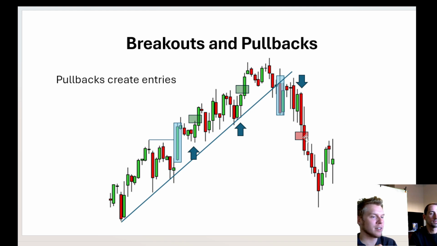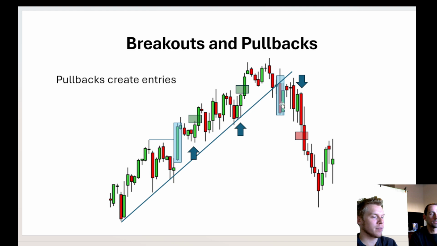Over here, we have a breakout, and we actually had a couple pullbacks. So it tried to pull back here, tried to pull back here, and we got this big bear bar. People will be selling below that and we can see they were able to make money by selling below that. And pullbacks are attempts to reverse the trend or the breakout.